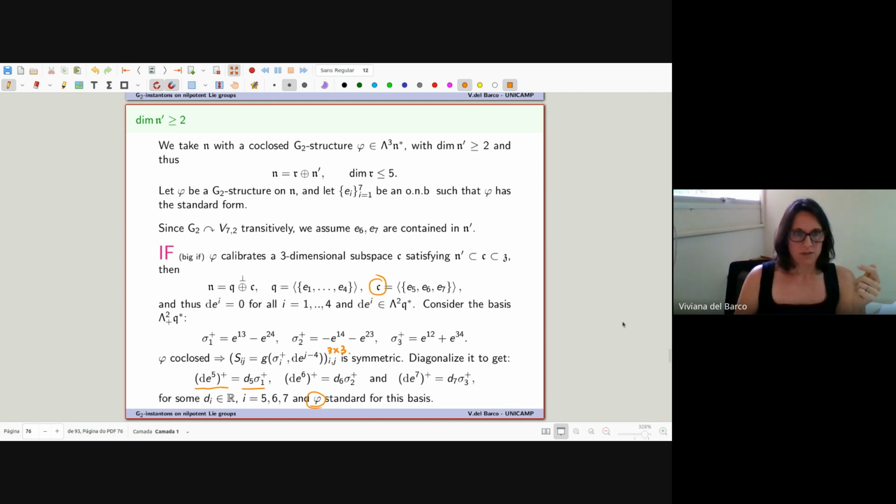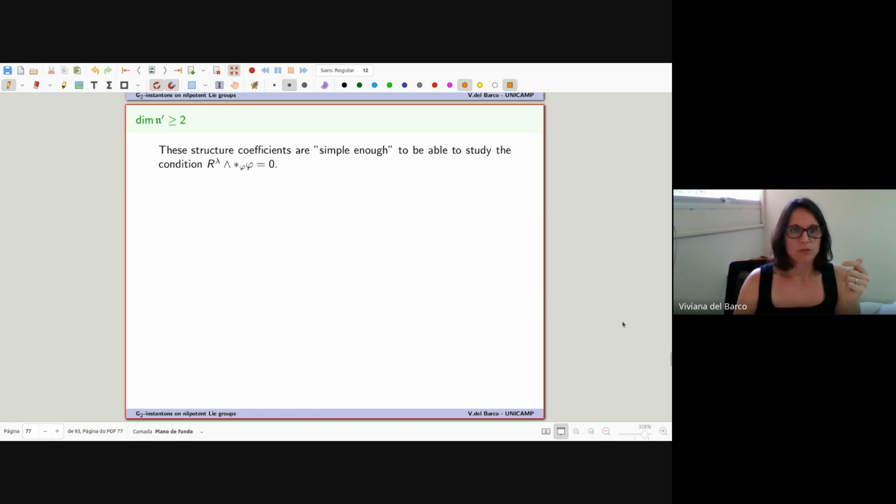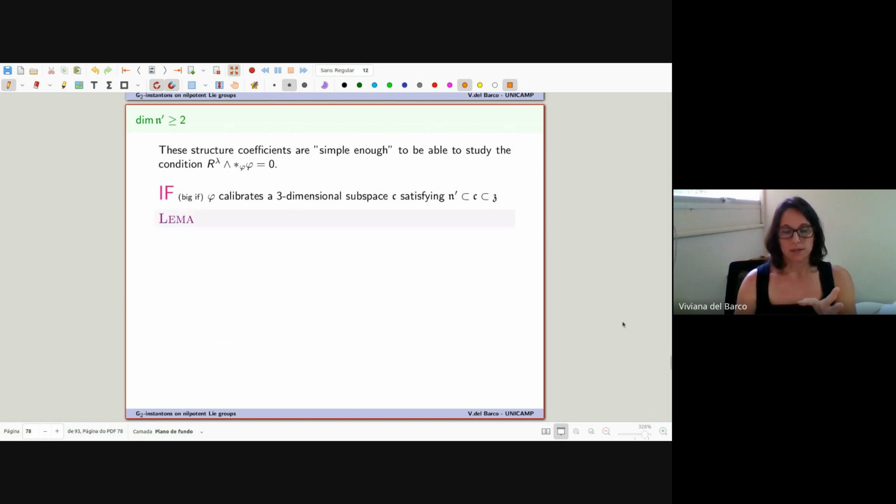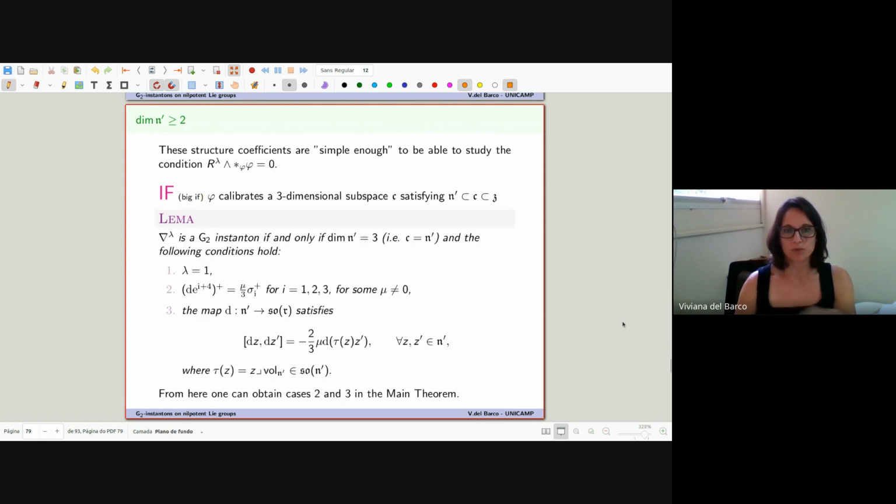So if you have this big if, you can simplify the structure, and these coefficients are simple enough to make, I don't know, 10 pages of computations, and to solve exactly the instanton condition. So if phi calibrates this subspace, then you can prove this lemma.